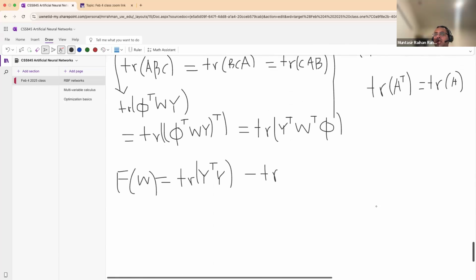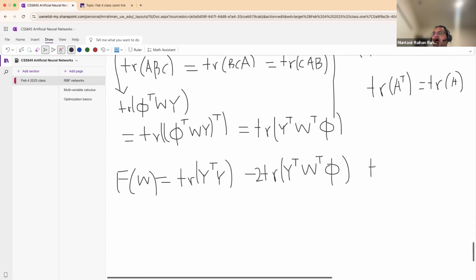So let's just write it as Y transpose W transpose phi. And then we're going to place 2 in front of it because they're both equal.